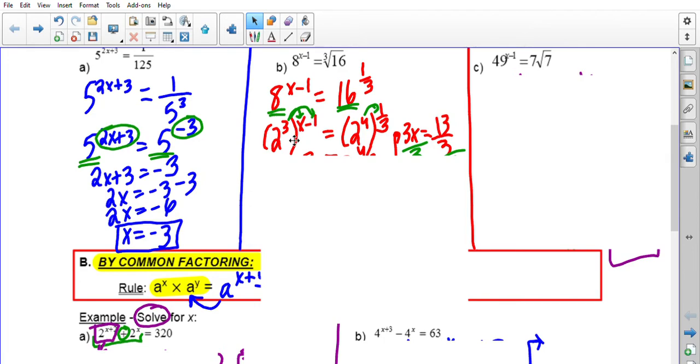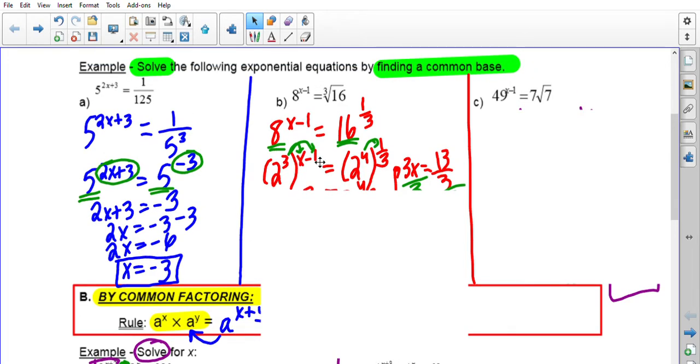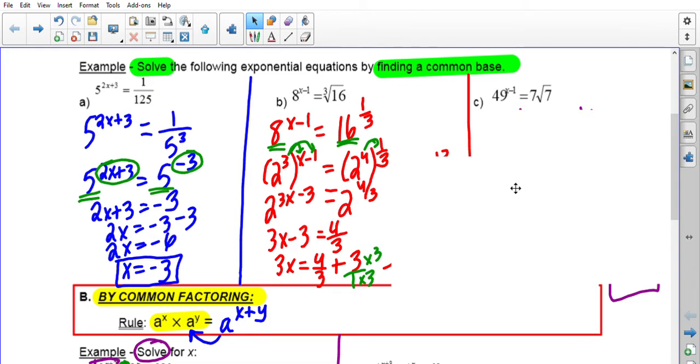So what's going to happen here is when you have a power to a power, remember you have to multiply. So that's why I'm showing the distribution. So here we're going to get 2 to the 3x minus 3, and then 2 to the 4 over 3.